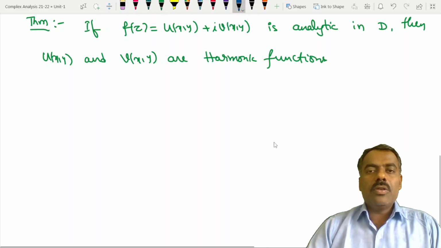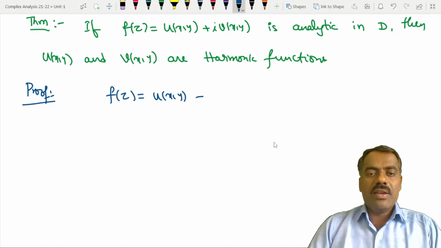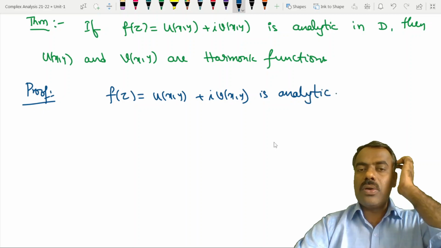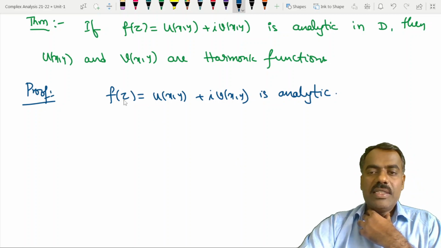Right? So the proof is not at all difficult. What is given is that f of z, which is equal to u of x comma y plus i times v of x comma y, is analytic. So if this is analytic, then by definition it is differentiable.